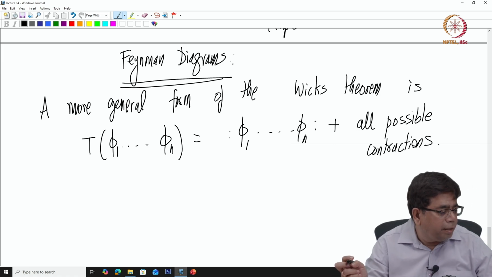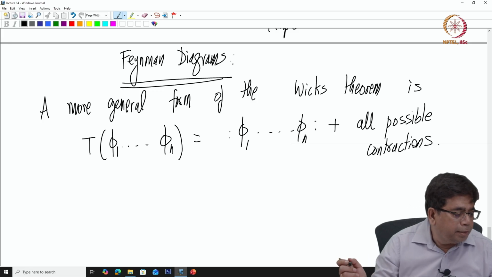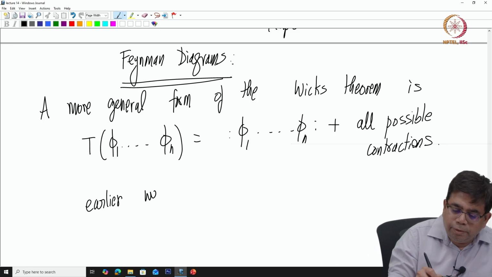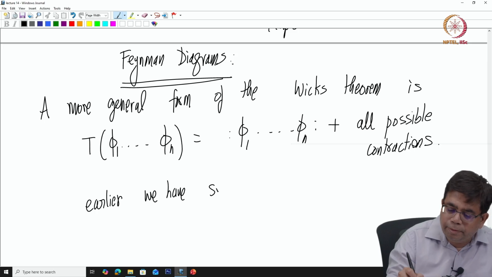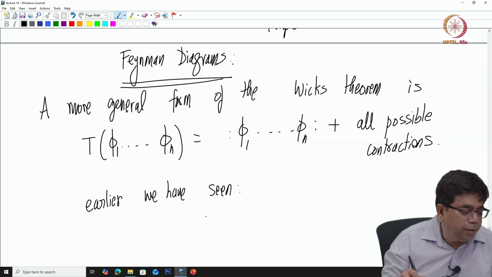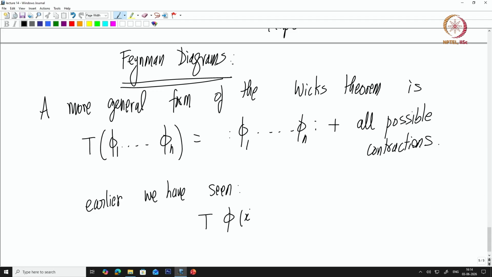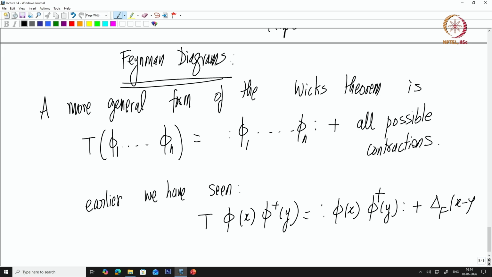Contractions are like what we have seen earlier: time order product of, say, phi of x, phi dagger of y is equal to the normal product of phi of x, phi dagger of y plus delta F of x minus y.